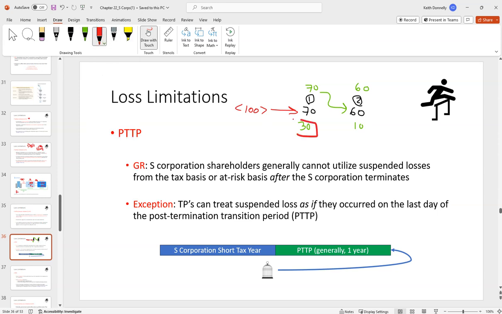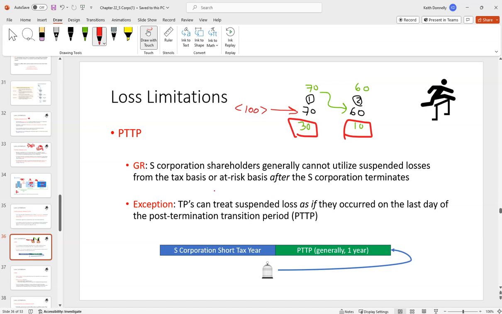The idea with these ones that are jammed up, the general rule is, hey, once you later on in a subsequent year puff up your stock basis or your at-risk basis, you can utilize the losses that are trapped up at that level. That's the general rule.